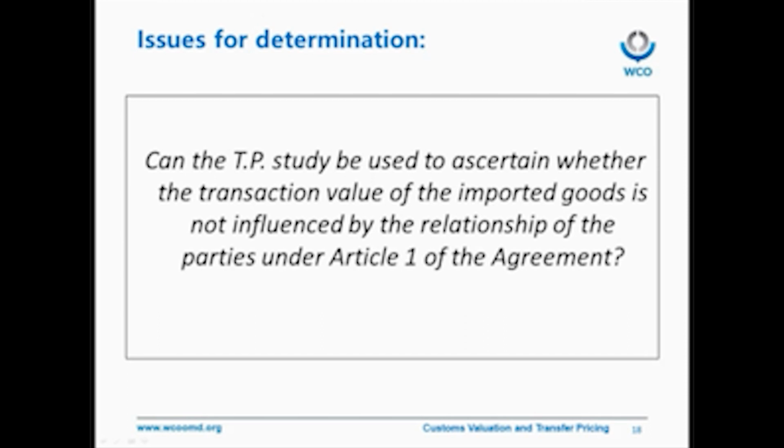For OECD rules, multinational companies can use any of the methods in the guidelines to prove that the price is settled with the arm's length principle. But for customs, we focus on the transaction value. We want to make certain, when the buyer and the seller are related, whether this relationship has influenced the price of the imported goods, and we collect information for this purpose.